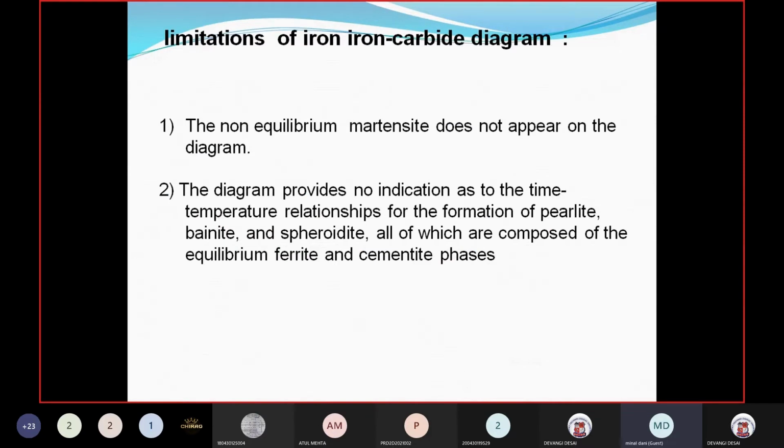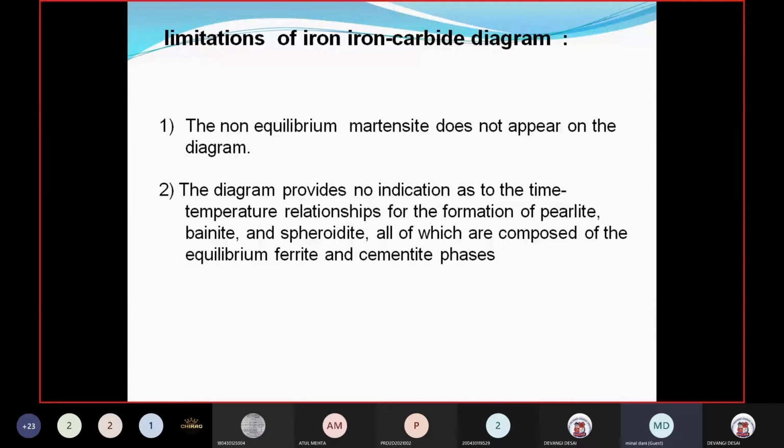This is about your iron carbide diagram. Now, if you have studied a little bit about heat treatment also in your material science and metallurgy subject, we have fixed our temperature, we have fixed the carbon percentage, and I have told you one more thing, we have done it at a slow cooling rate.